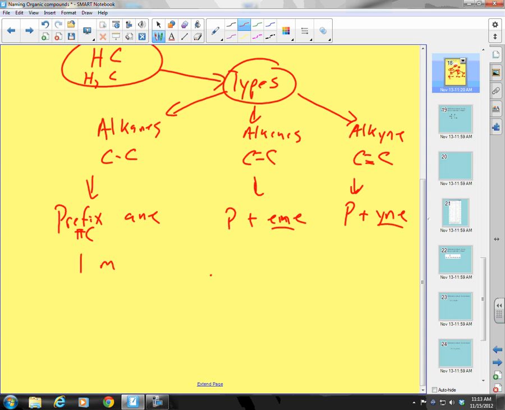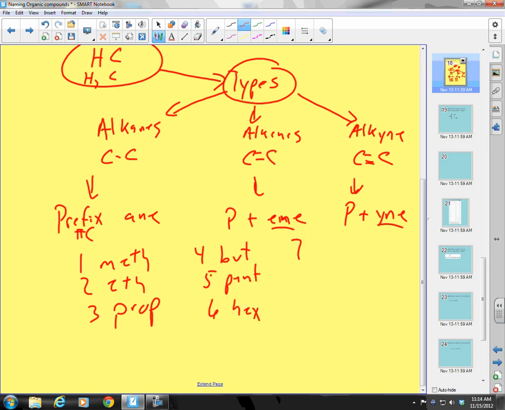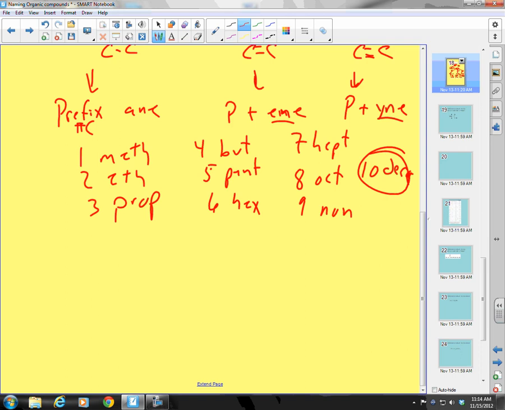For 1, we use meth; 2, eth; 3, prop; 4, but; 5, pent; 6, hex; 7, hept; 8, oct; 9, non; and 10, dec. And so then I can take any one of these prefixes and put one of those suffixes on, and I get decene.